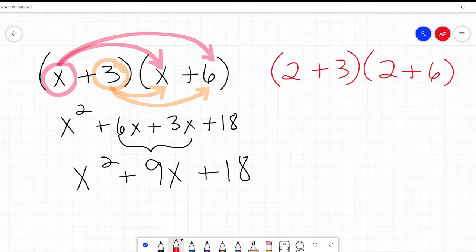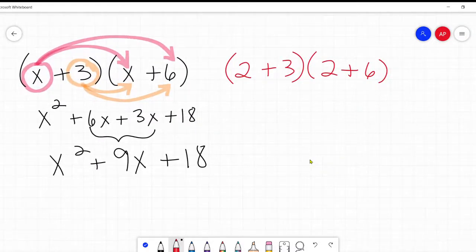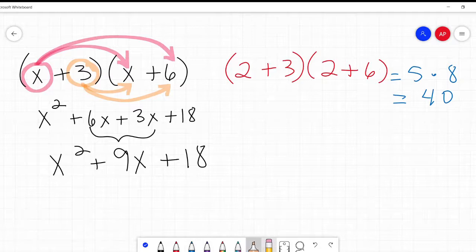Let's just do it like we normally would. 2 plus 3 is 5. 2 plus 6 is 8. 5 times 8 is 40. All right, well, let's see if this works.